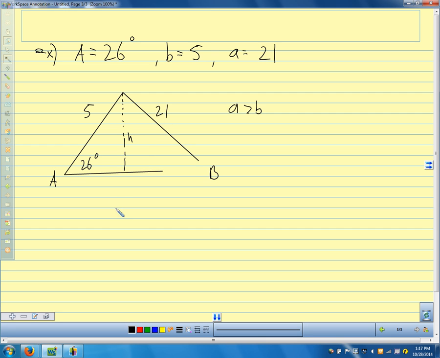If the height is 5 sine 26 degrees, and sine of 26 is between 0 and 1, then when we multiply by a number between 0 and 1, I get a number smaller than 5. If I calculate it, the height comes out to be 2.19. So A is bigger than the height. A is bigger than B, A is bigger than the height. We have one triangle.